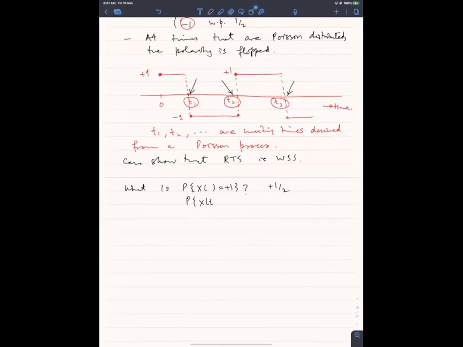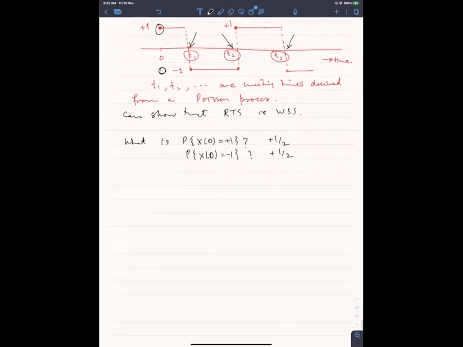Sorry, this should be x of 0 is +1 and x of 0 is -1. This is also 1/2. So you start with either this point or this point. किसी एक जगह से start करेंगे, ठीक है?